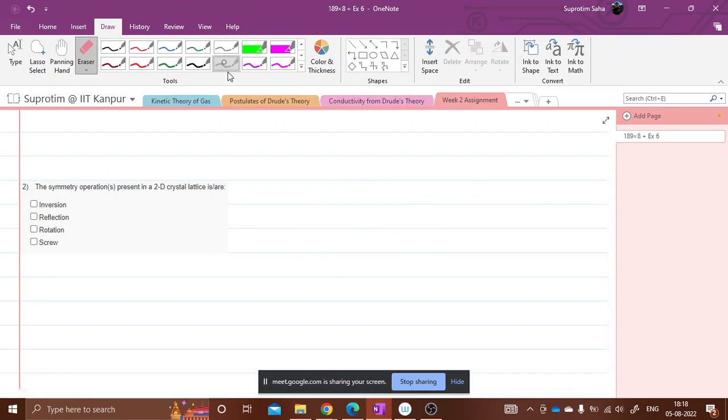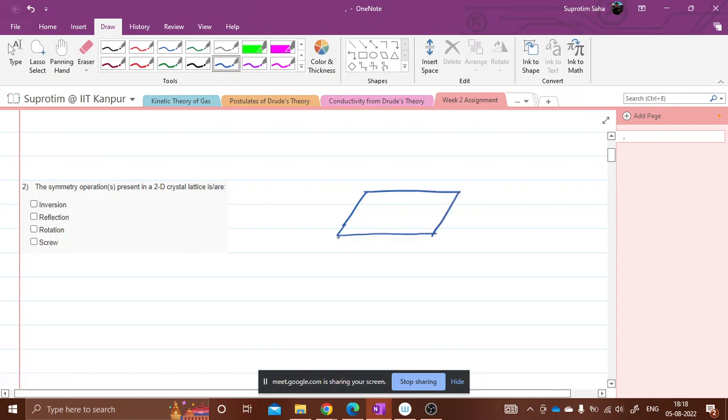So this is your simple cubic structure. Now if you draw a diagonal joining two vertices diagonally, this is your diagonal, and this is your center of inversion.